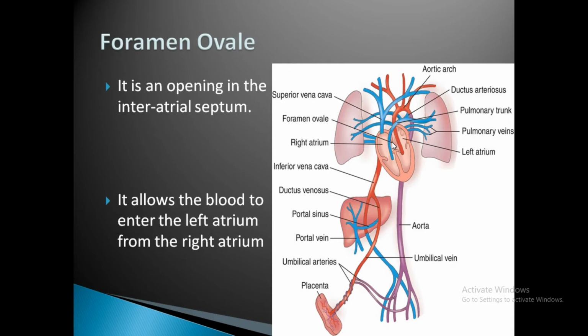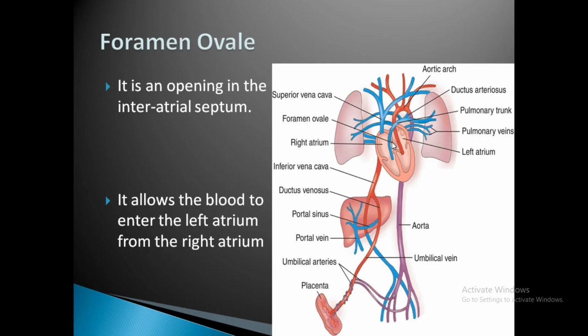Then there is another shunt, the foramen ovale, which lies between the right atrium and the left atrium, thus bypassing the lungs. The third shunt is the ductus arteriosus. This shunt lies between the pulmonary artery and the proximal part of the descending aorta. So these are the three shunts which work in the fetal circulation.